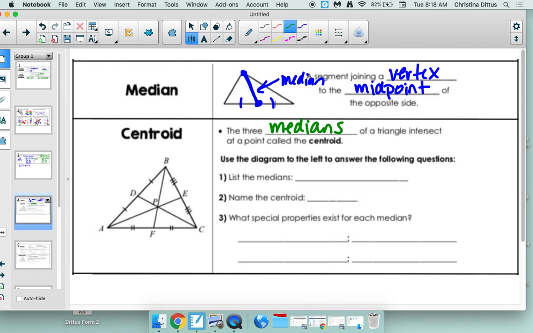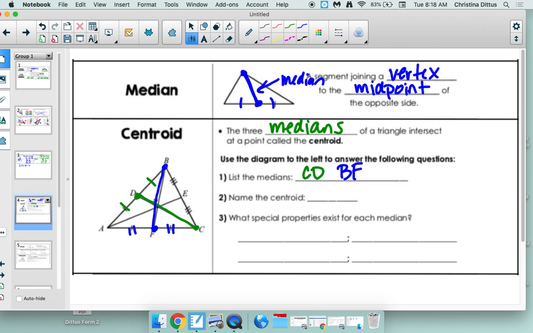If I look here, I have dashes, so that means D must be a midpoint. And then the vertex opposite it is C. So one median is CD. I also know that F is a midpoint because it's got the dashes here. And then the vertex opposite it is B. So we got BF.